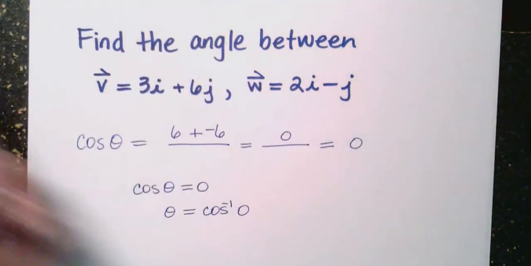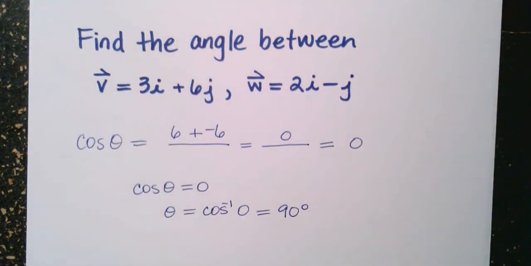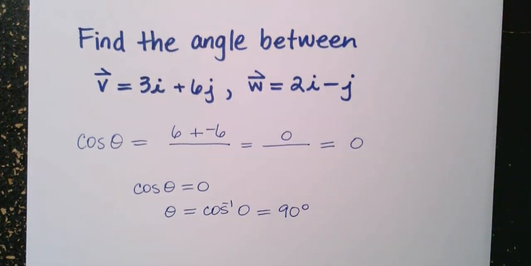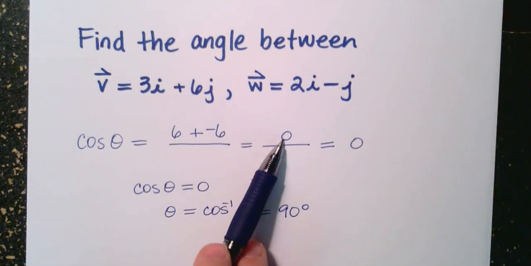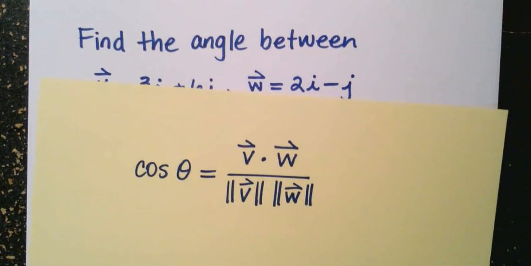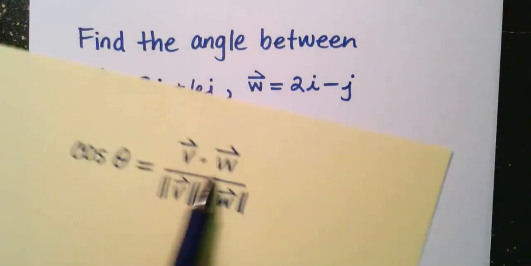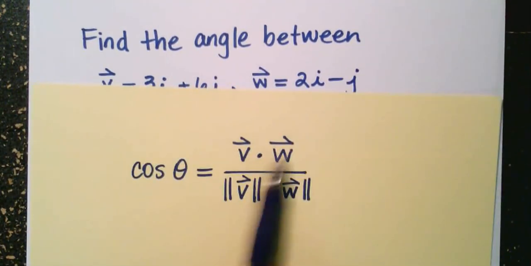That's what we get. Why did I want to show you this one? Because that's the reason that when we want to know if two vectors are orthogonal or perpendicular, which means they meet at a 90-degree angle, what we really want to know is whether their dot product comes out to be 0. Because that's what's happening on top of this formula. So if the dot product turns out to be 0, that means you have 0 over whatever.